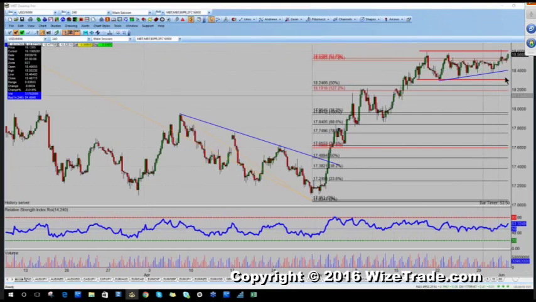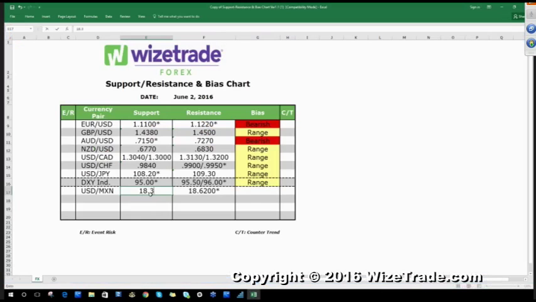Support right now is at 18.38, and then you have 18.30. Obviously 18.30 as we've been writing that down, but 18.38 now is it, okay?